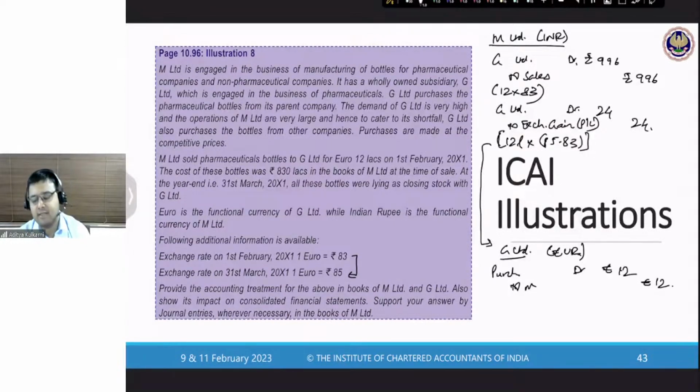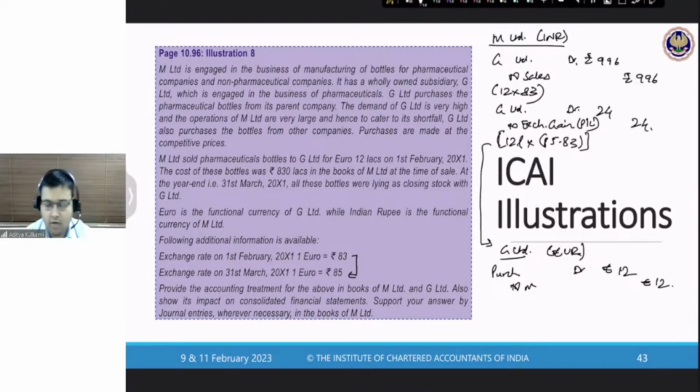No, the invoice is denominated in euros, and because of that there is no exchange fluctuation as far as G Limited is concerned. Today I purchased 12 lakh euros, and on 31st March I have to pay 12 lakh euros only. So there won't be any exchange fluctuations for G Limited. Therefore, no change on 31st March.